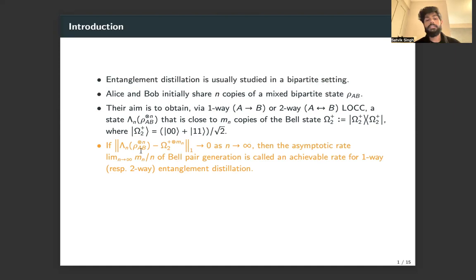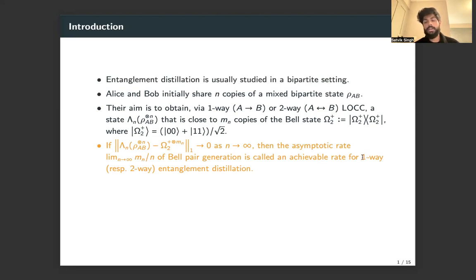Now, if in the asymptotic limit of the initial number of copies of the state going to infinity, the distance between the extracted mn copies of the Bell state goes to 0, then the rate at which these Bell pairs are being generated is called an achievable rate for distilling entanglement from your original state.